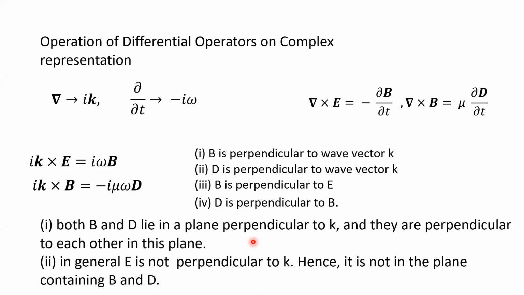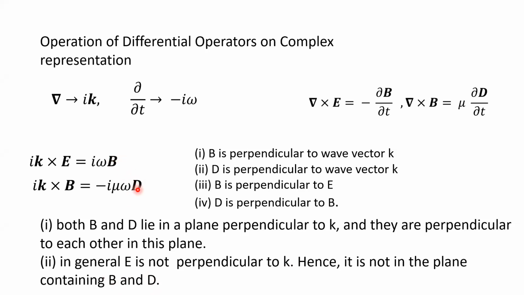Now, since E is not necessarily perpendicular to K, it means that it need not lie in the plane defined by B and D. This can be seen from the following. Remember, there is a plane which contains B and D, which are perpendicular.